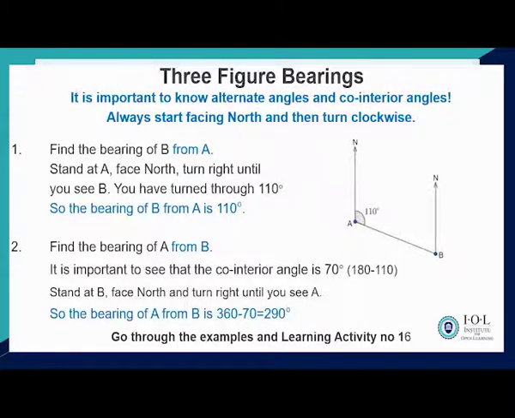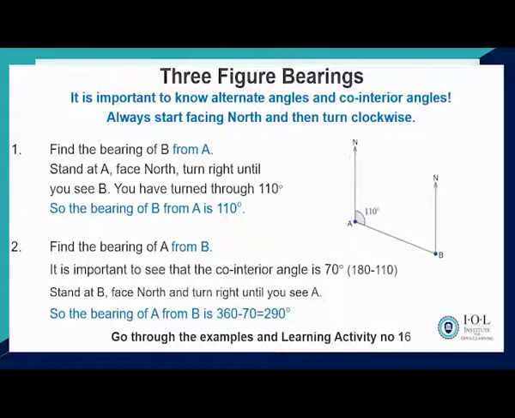If it's 99 degrees, you must write 099 degrees. If it's 9 degrees, you must put 2 zeros, 009 degrees. But from 100 onwards, there's no difference. It's already in 3 figures, but all answers less than 100 must be given 3 figures, so you put zeros in front to fill up those spaces.